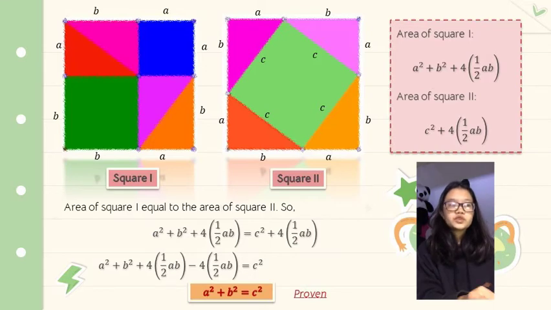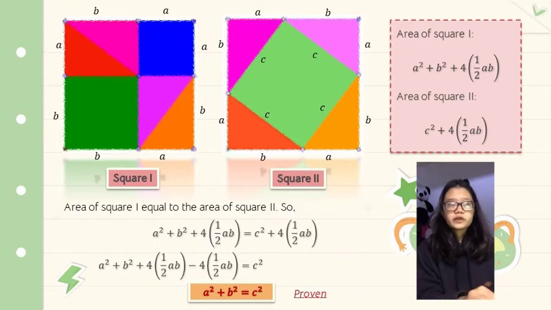The second square, we find 5 parts. They are 4 triangles with base a and height b, and a square with side c. Area of square 1 is the sum of the square with side a, the square with side b, and 4 times a right triangle.